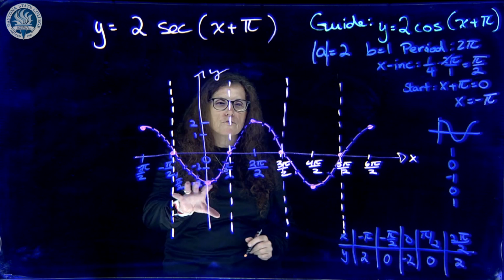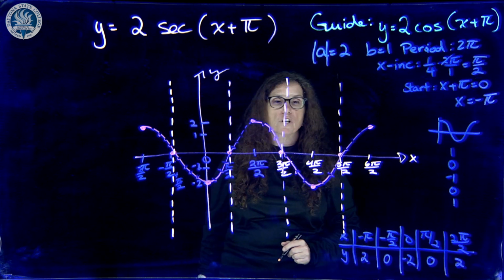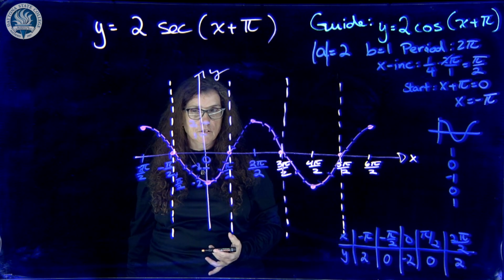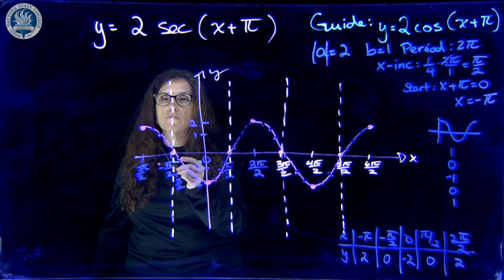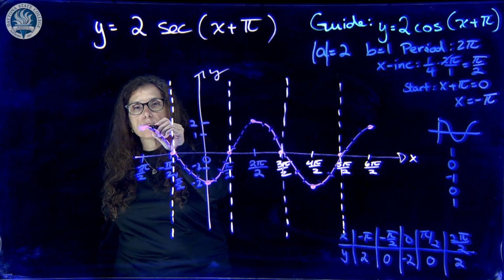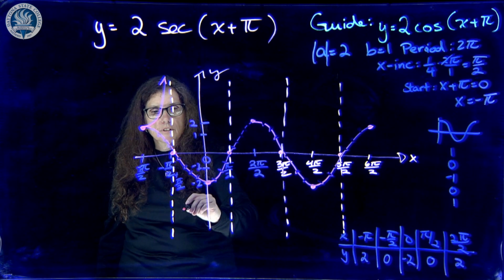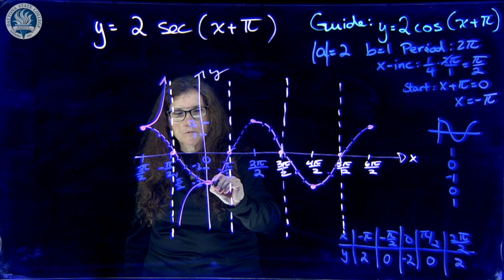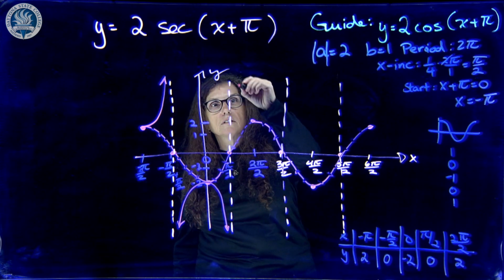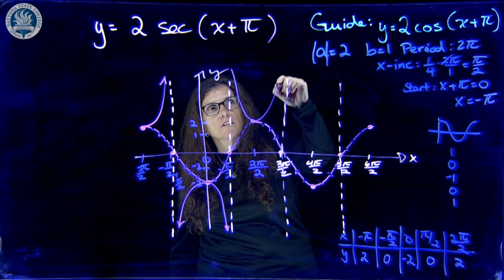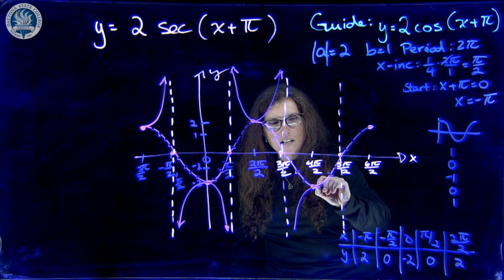We draw our vertical asymptotes on each spot where the cosine function, our guide function, is 0. And now we graph our parabolas where we have a maximum. We go up, and where we have a minimum, the parabola opens down. And here we draw a parabola that opens up and opens down.